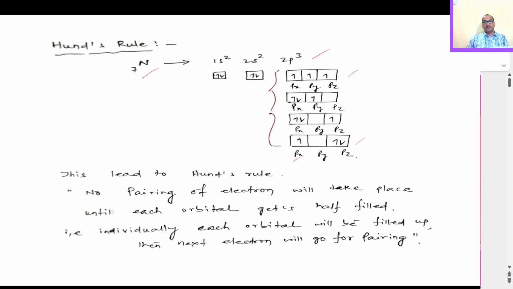Now the question arises, which one is the correct representation? This leads to Hund's rule. What it says is, no pairing of electrons takes place until each orbital gets half filled. That means individually each orbital will be filled up first, then the next remaining electron will go for pairing.